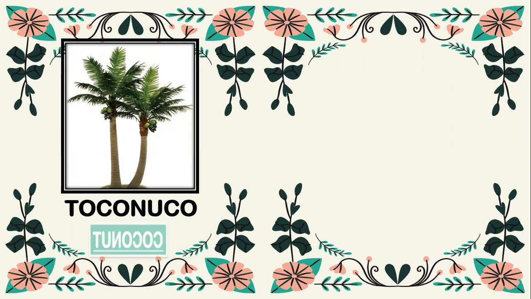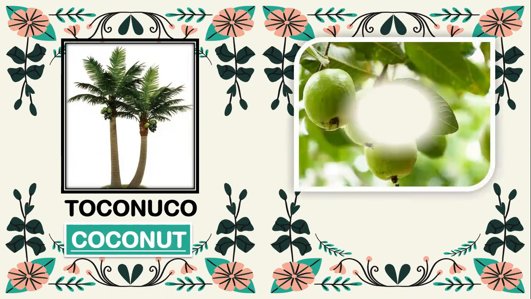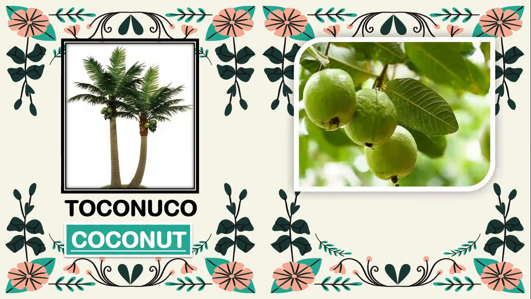Number three. Oh, it's very delicious. And it is "tokonoko." Unscramble these letters to have the correct answer, which is coconut. Next. Oh, so yummy. A guava. What fruit is this?